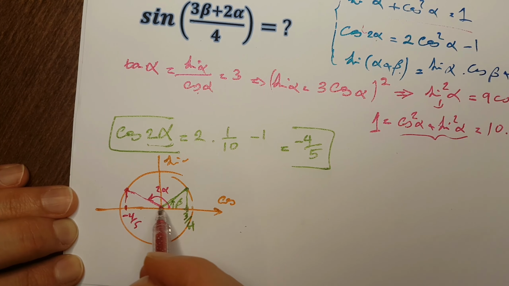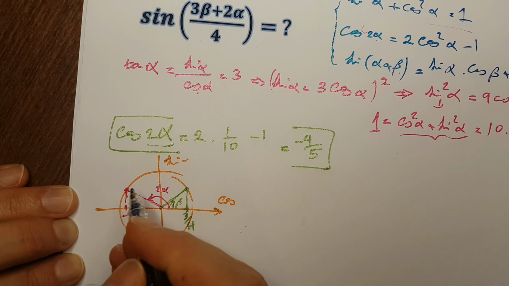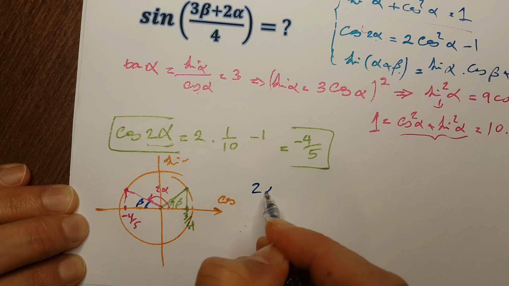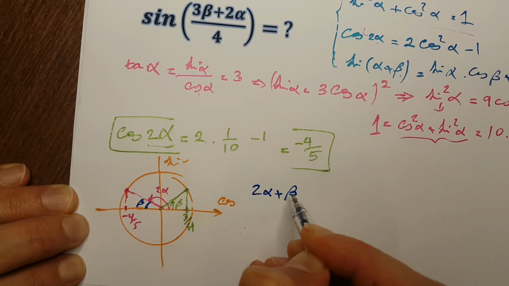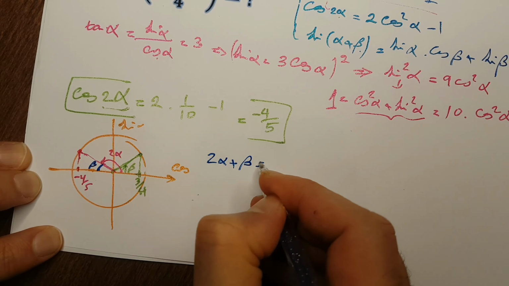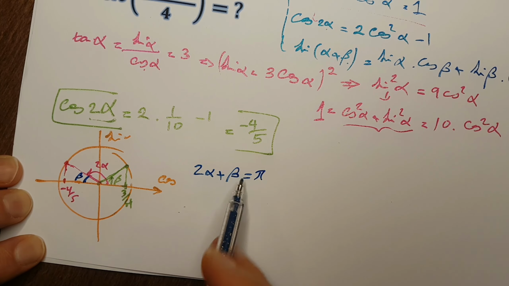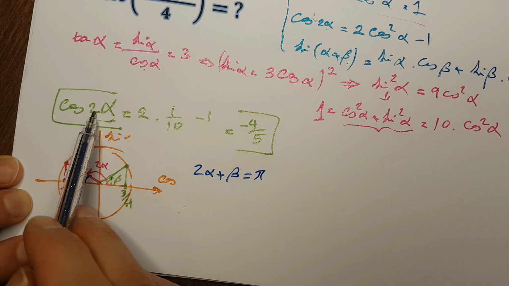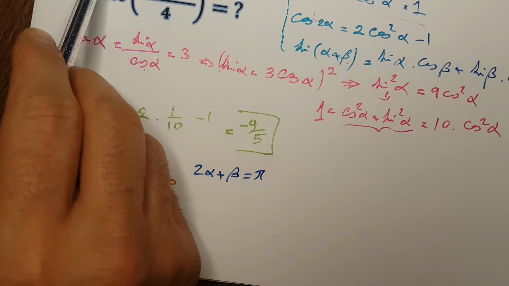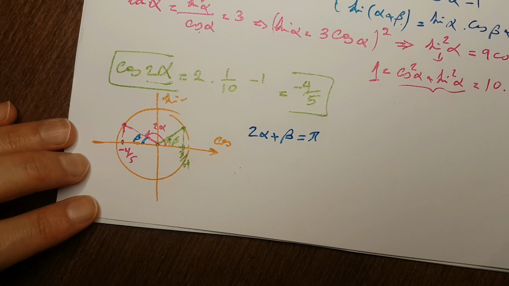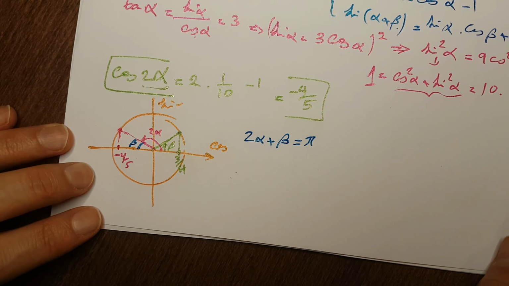From here we can say that this angle here is equal to beta, and hence 2 alpha plus beta is equal to pi. We already concluded this from the fact that cosine of 2 alpha is the negative of cosine of beta. I wanted to show you visually on the unit circle.